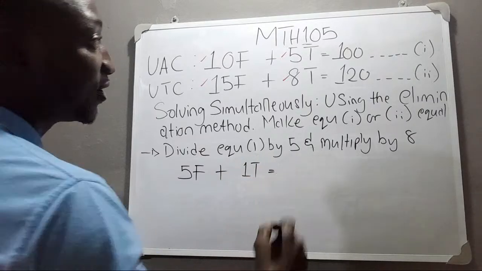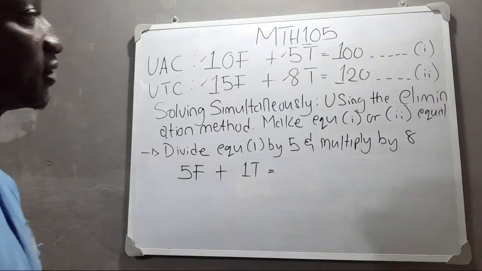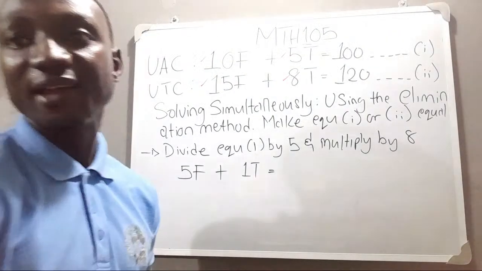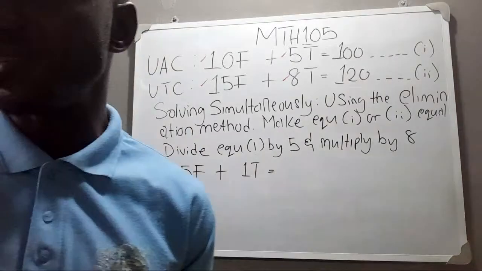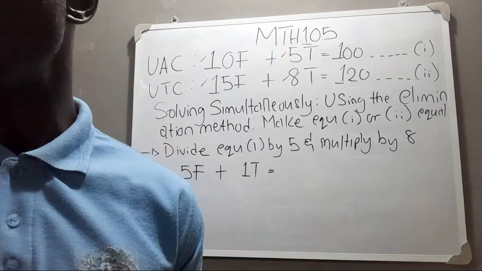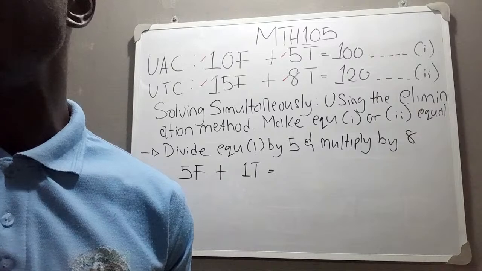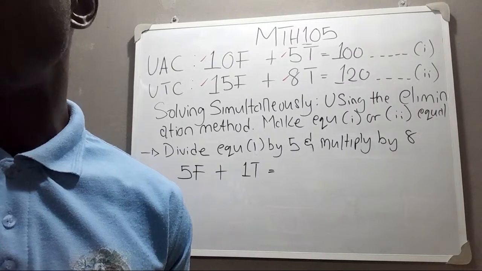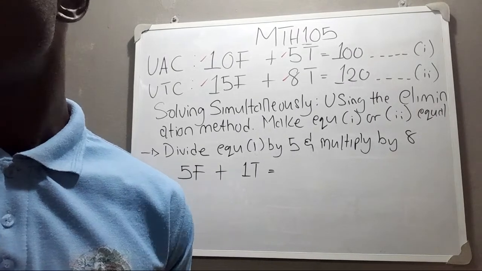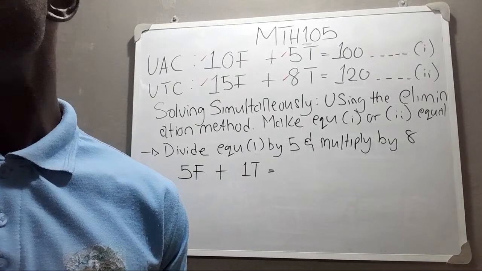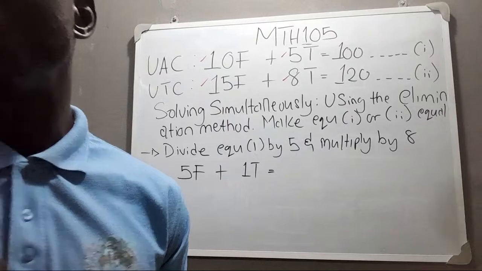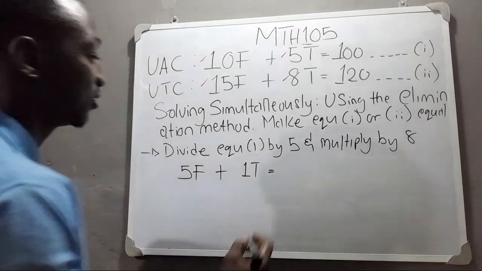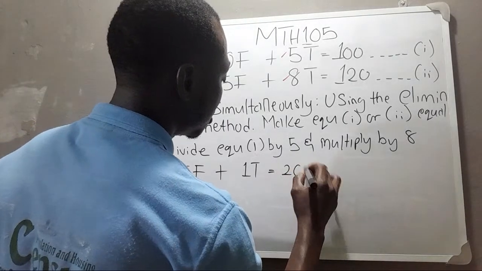Then 100 divided by 5, we're having 20. Beg your pardon, so we have 20.